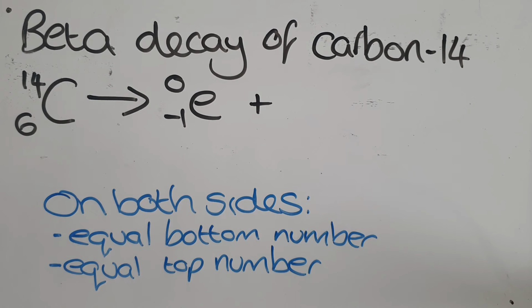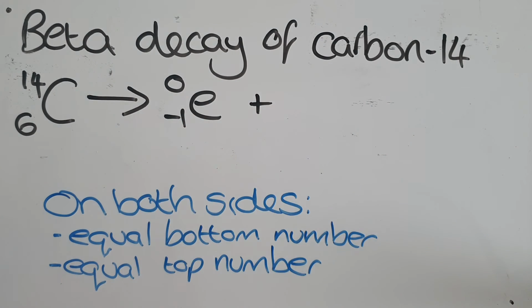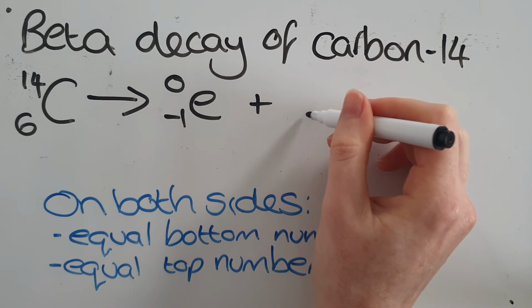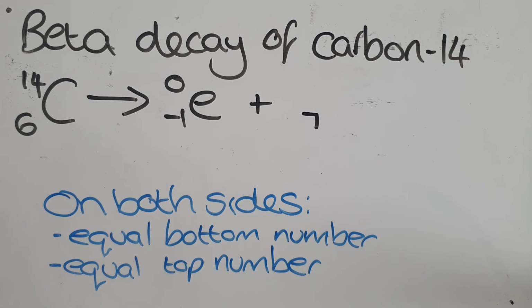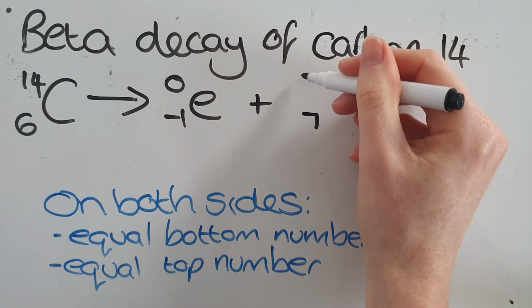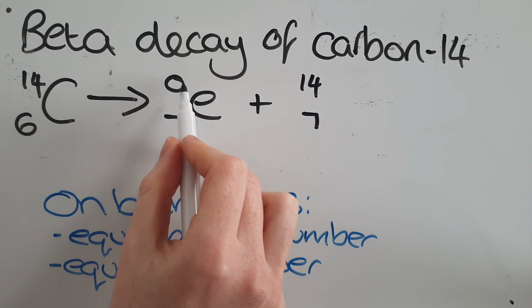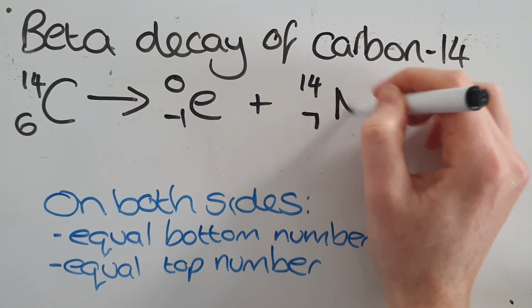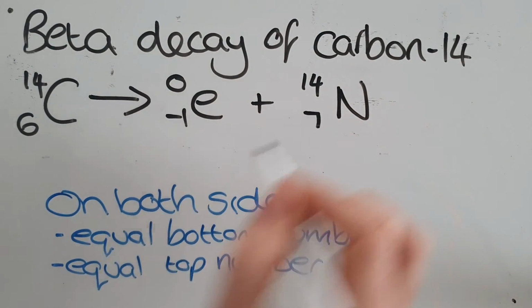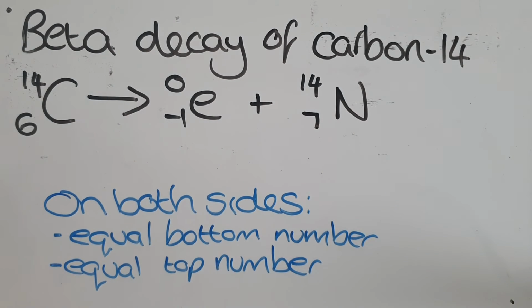So to make them both equal, you are going to want to increase the right hand side, and you're increasing it by 7. So 7 plus -1 gives you 6. The top number, this one's quite easy. It's 14 on the left, 0 there, so you need 14. Again, use your data book. Nitrogen is atomic number 7. So just take care of that final bit, finding the correct symbol. And that's your final answer there.